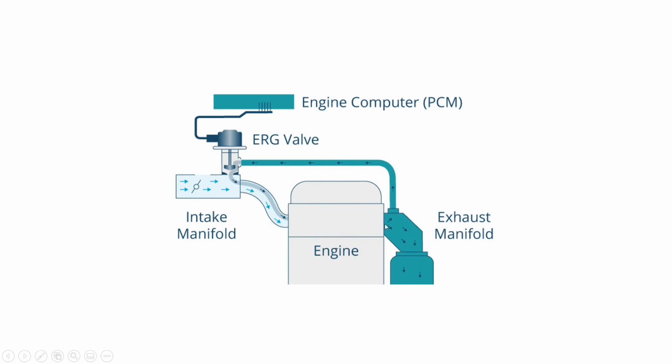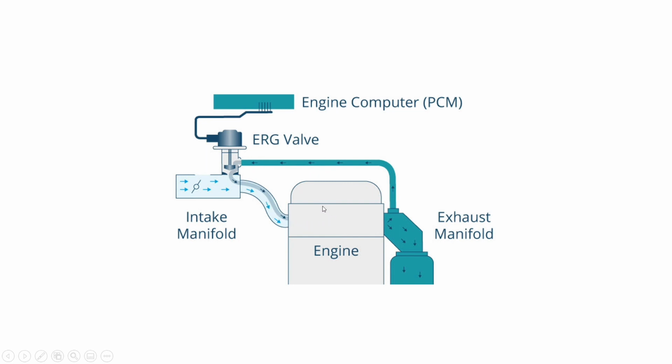And then at the end of that, the last stroke is the exhaust stroke. Once we've extracted all the energy from the petrol, it's now exhausted, and we push it out through the exhaust pipe. Now, what the EGR valve does is it allows some of that exhaust gas to be recycled, if you like, and returned back to the inlet side, which then means that it's drawn back into the engine.